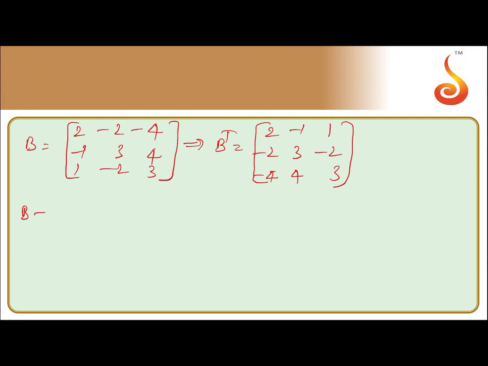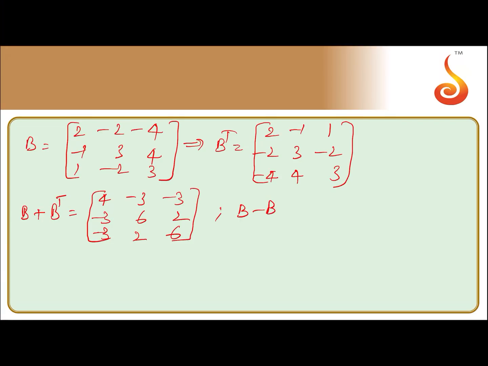Now calculate B plus B transpose: that is 4, minus 3, minus 3, and minus 3, 6, 2, minus 3, 2 and 6.